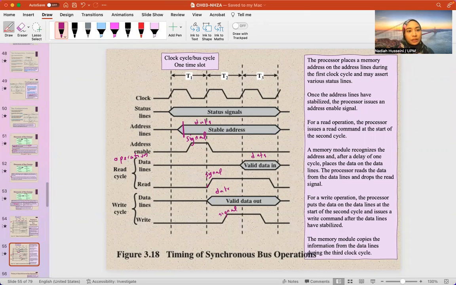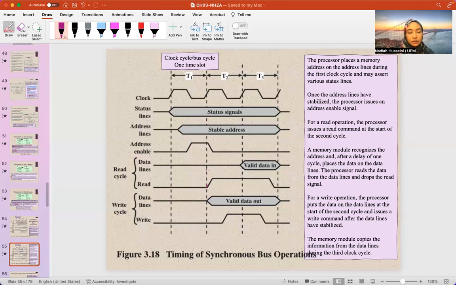Sometimes you put in the data first, and then you call out the signal. Sometimes you put in the signal first and put in the data next. So for the read, you put in the read signal first. You issue a read signal at the second time slot over here. Okay, let me erase all of this first.